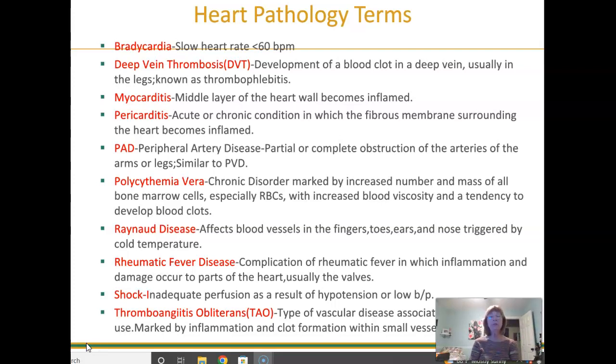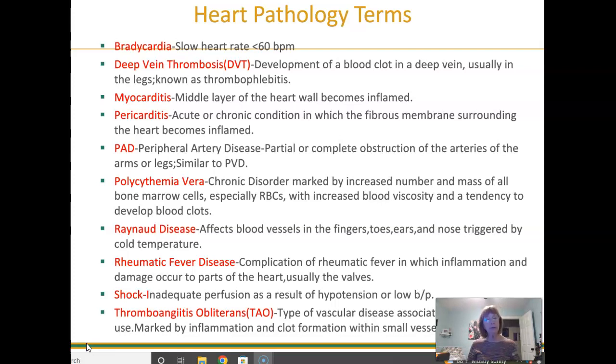Deep vein thrombosis, we just had that, the DVT, the development of a blood clot in a deep vein, usually in the legs, known as thrombophlebitis. Now see, you've got throm, that's the blood clot, phleb, that's the vein, remember? And itis. So that's how I want y'all to be looking at that.